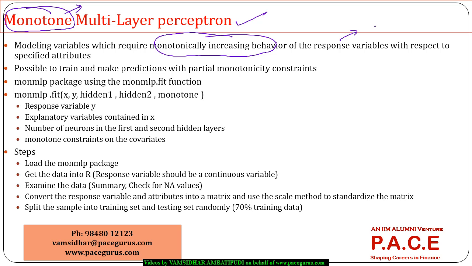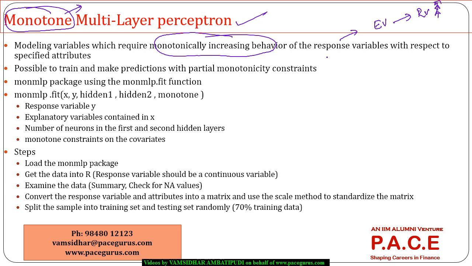For some set of explanatory variables, I want my response variable to keep increasing in value only. It should not fall. As the value of my explanatory variables or the attributes are changing, I want my response variable to keep increasing. I don't want it to fall at all. So this is where we are talking about monotonically increasing behavior of the response variable with respect to different attributes.